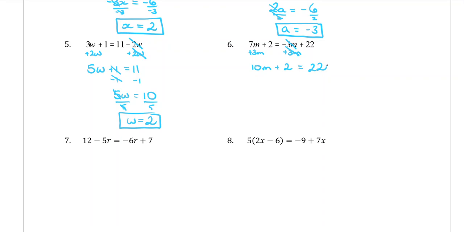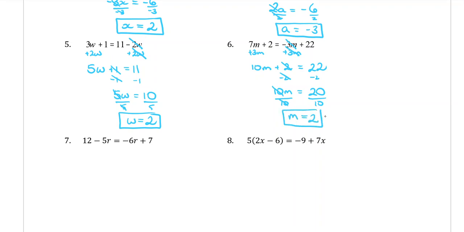Okay, what's the next step? Yes. So we have 10m equals 20. Final step. Very good. M equals 2.